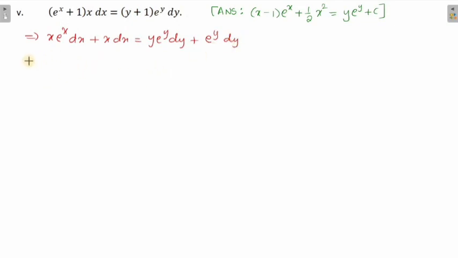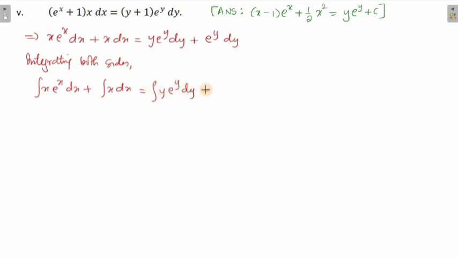So integrating both sides, you get integral x e to the power x dx plus integral x dx is equal to integral y e to the power y dy plus integral e to the power y dy.